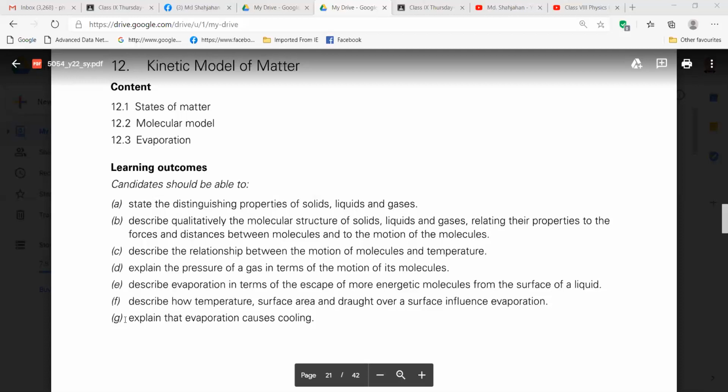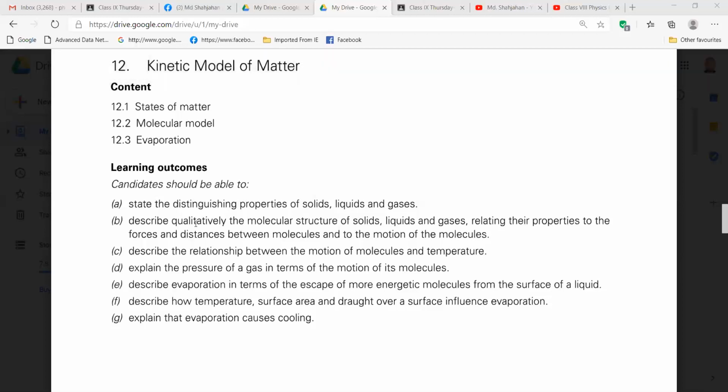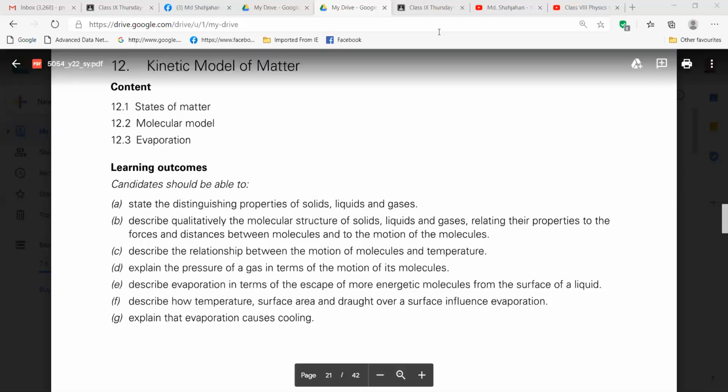If you search Cambridge O level English language, then the subject code will come and the syllabus will come. If you search the syllabus, past papers will come. Then you can track from the learning outcomes. For all the courses, they have this syllabus and learning outcomes. Then if you are missing anything, you can go through that by yourself or you can ask your teacher. Okay. Thank you so much. Allah Hafiz.